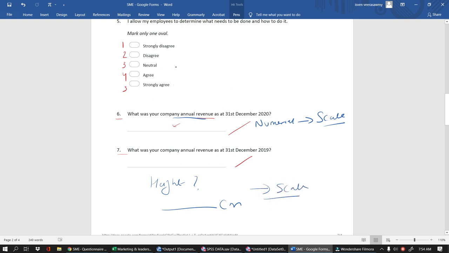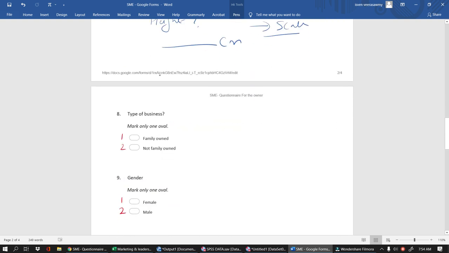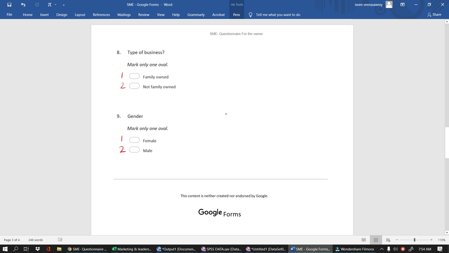If you have categories, then you should decide whether it is ordered or not ordered. If it is ordered, it is ordinal. Here, it is categorical, so it's obviously ordinal or nominal. Do we have an order over here? No, there is no order in the categories, so it is nominal. Here, male, female, there is of course no order. This is a nominal type of variable.